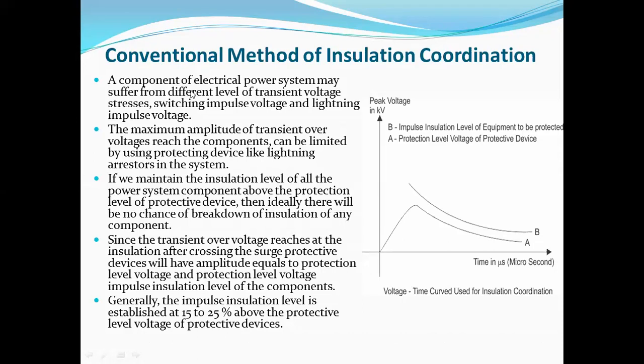So the transient overvoltages will have an amplitude equal to the protection level voltage, and the protection level voltage relates to the impulse insulation level of the components.